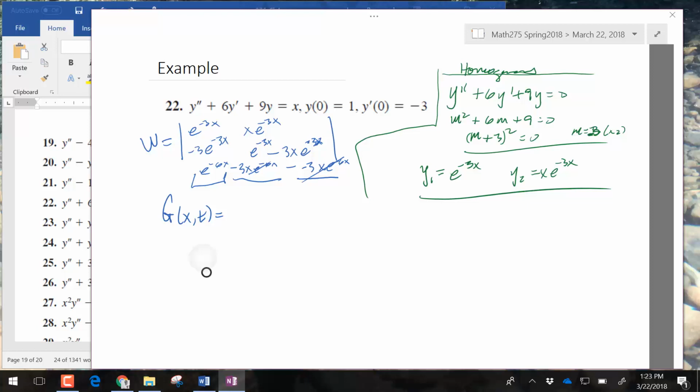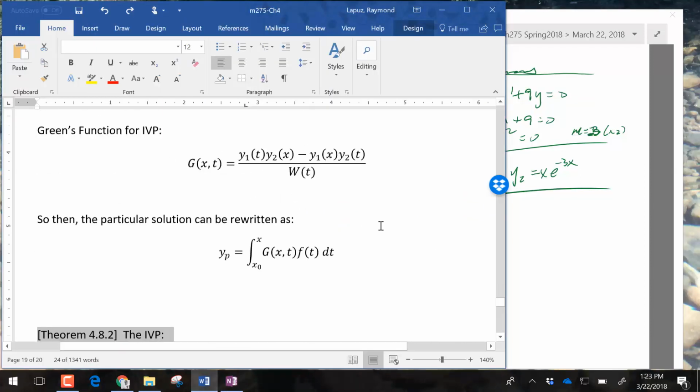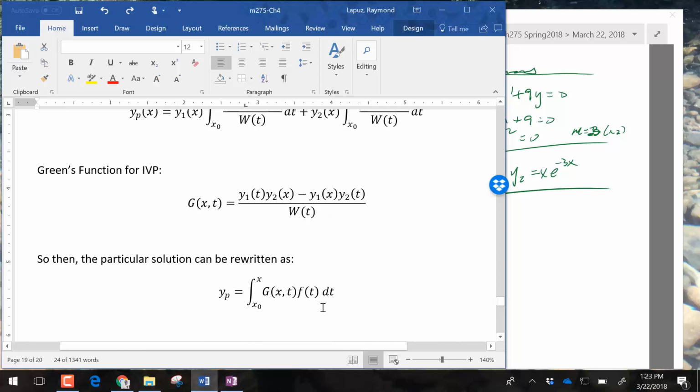All right, now back to g of x comma t. That means g is a function of two variables, x and t, which is going to be important because we need to integrate with respect to t, and so all the x's will be constant. We'll treat them as constants.